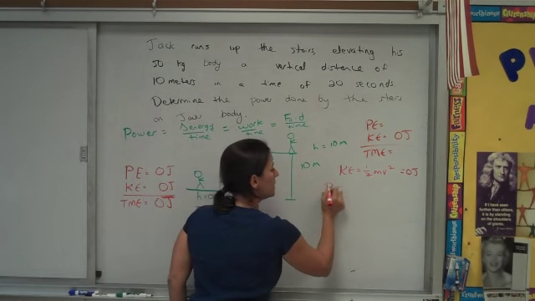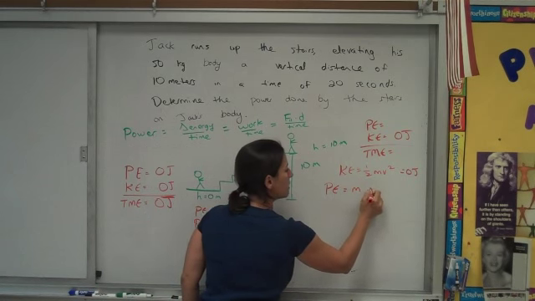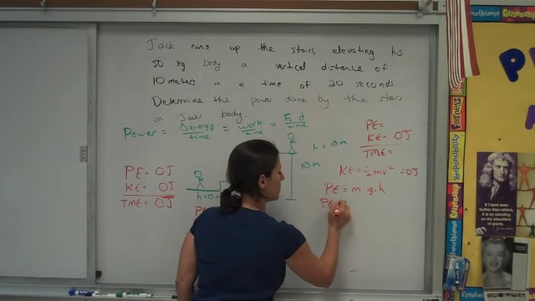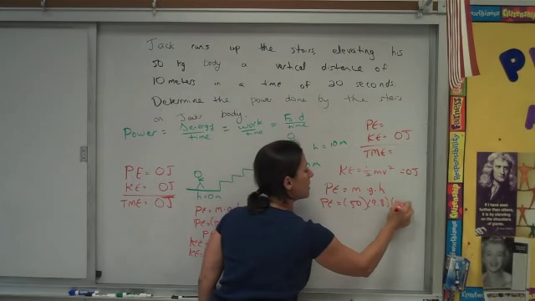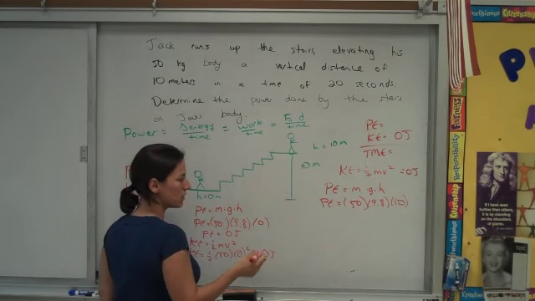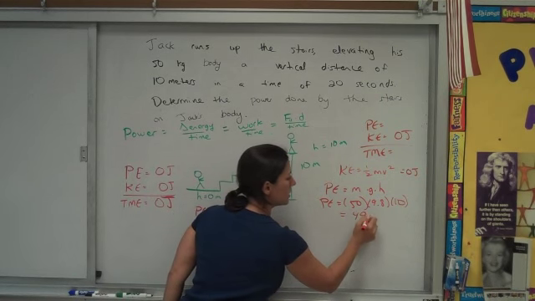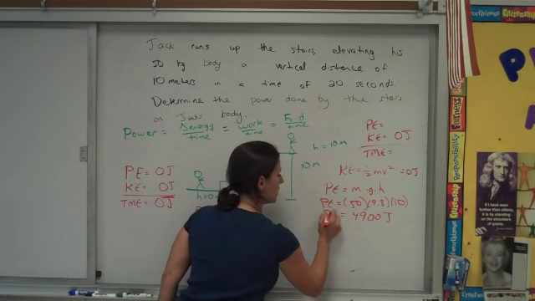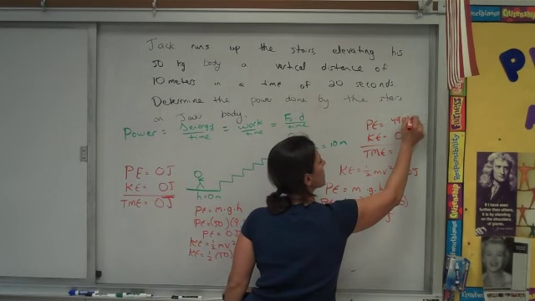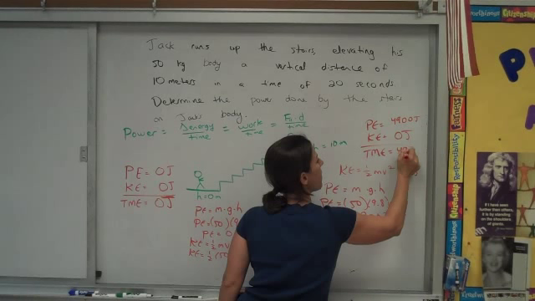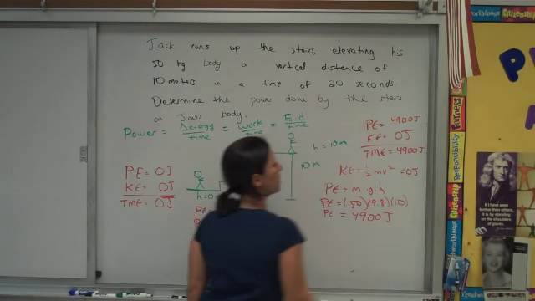So if we calculate his potential energy at the end, we use his mass, we use the acceleration due to gravity, and we'll use the fact that he's now at a height of 10 meters. And his potential energy at the end is 4,900 joules. So the total energy at the end is 4,900.